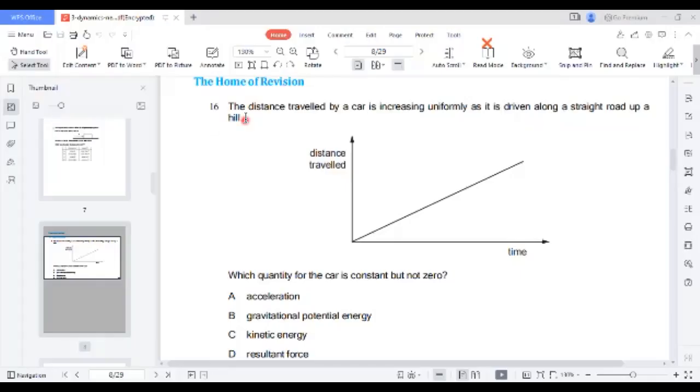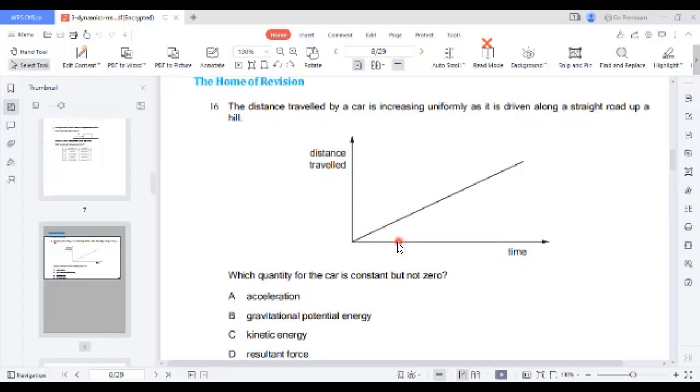In number 16, it's a distance time graph, and the gradient of a distance time graph is speed. The distance traveled by the car is increasing. With the passage of time the object is moving away from the original starting point.